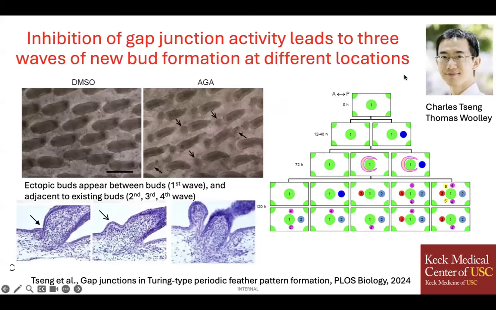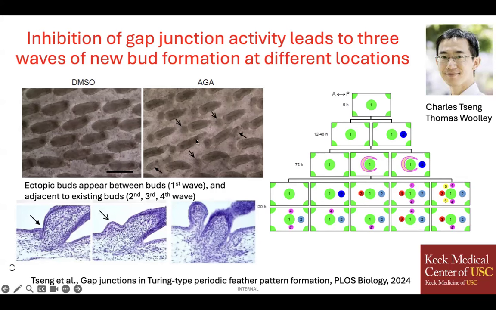I can't go into this; it was a long and detailed paper. I'll just show you that when you block the feather buds with a blocker of gap junctions, there are supernumerary buds. So these buds start appearing in abnormal locations, and they don't appear everywhere, but they appear in certain characteristic locations.